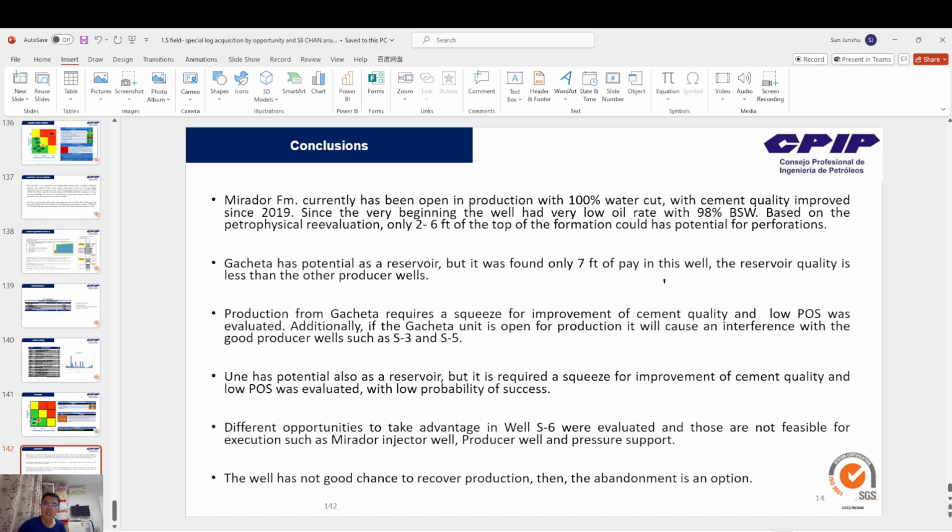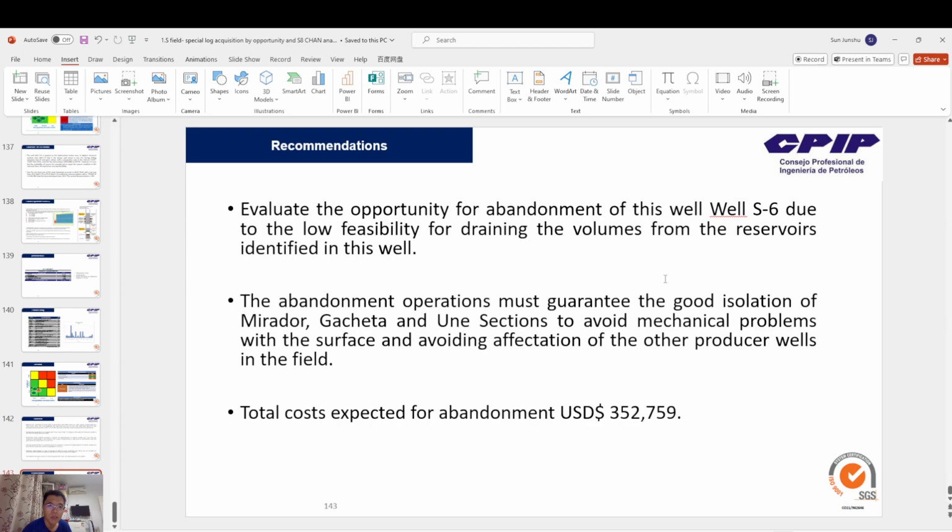Different opportunities to take advantage in S6 were evaluated, and those are not feasible for execution, such as Mirador injection well, producer well, and re-completion in Gajita. The well does not have a good chance to recover production, then abandonment is an option.